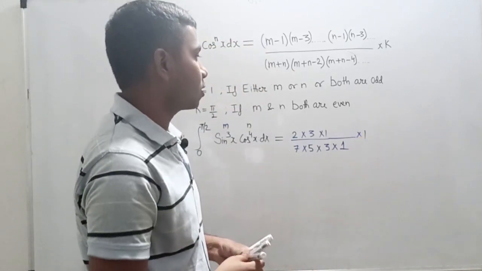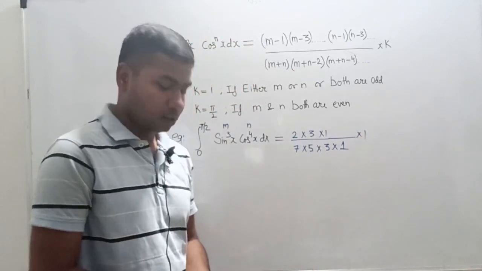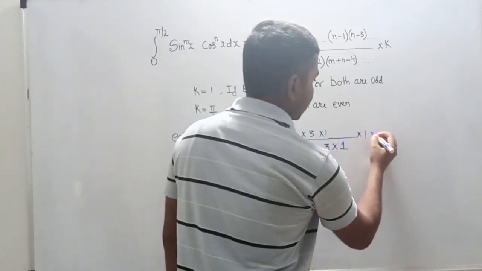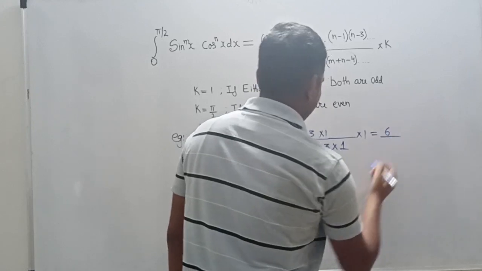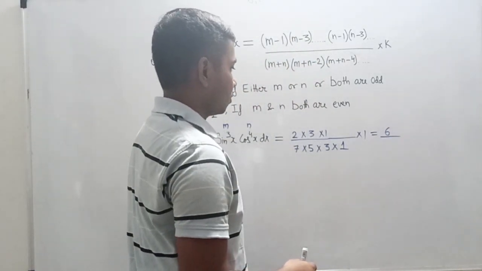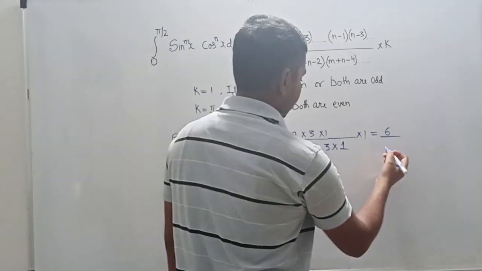If we solve this value, we will get the answer of this integration. So 2 times 3 is 6, divided by 35 into 3.